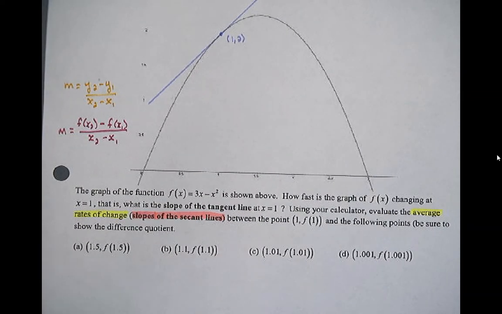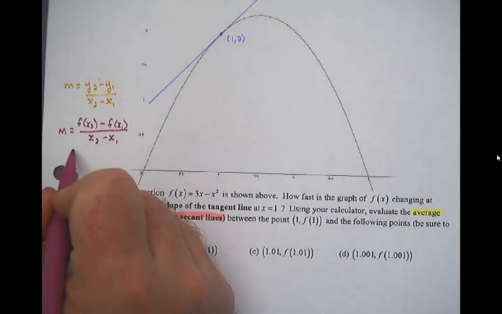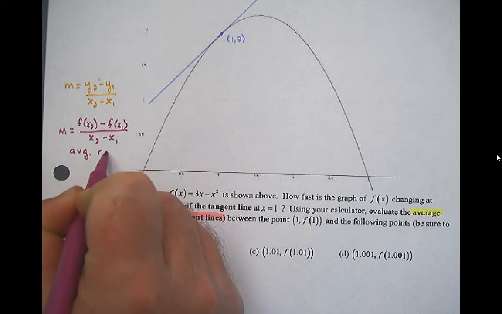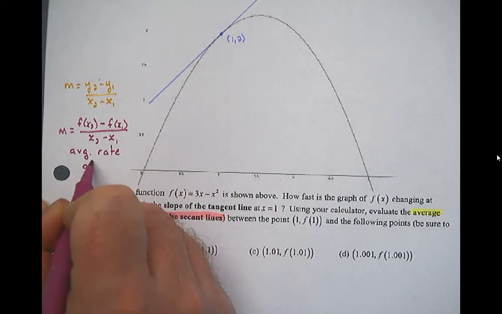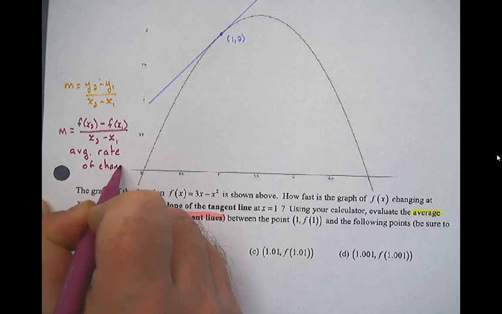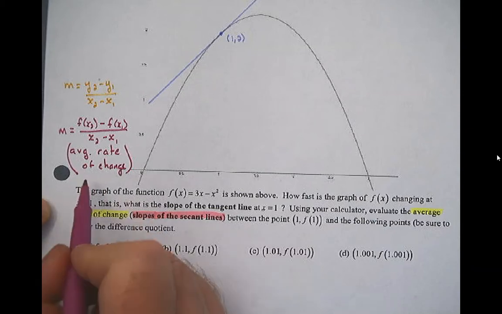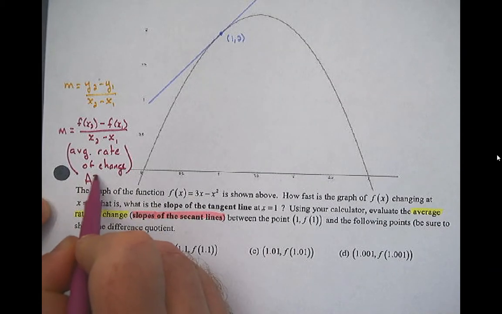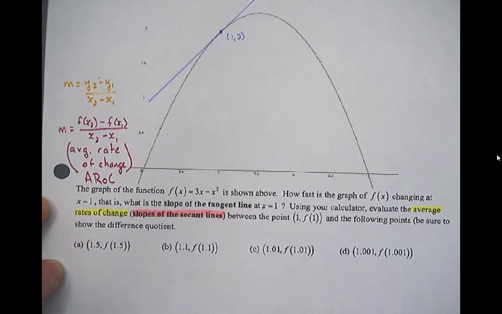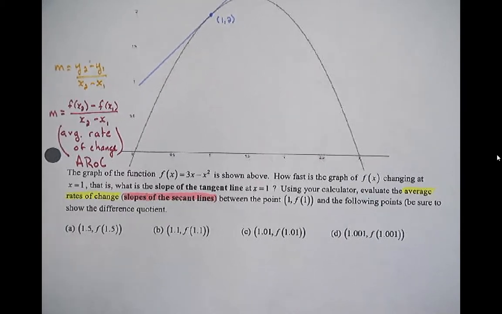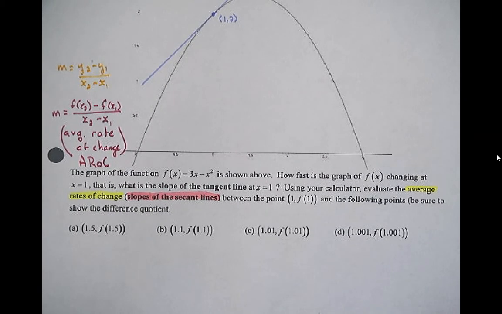Whenever we want to figure out the average rate of change, we're going to start to call that AROC. Average rate of change. So when you see that phrase, average rate of change, it means what's happening between 2 points. There's another phrase that we're going to use. It's called instantaneous rate of change, and that's saying what's happening at specifically 1 point.